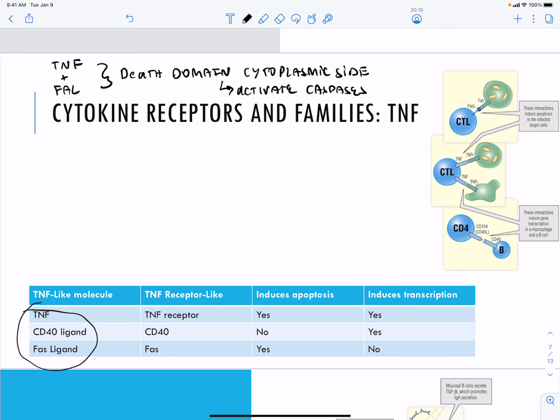So a TNF can induce apoptosis. But it doesn't always. For example, this has to be in an infected cell.